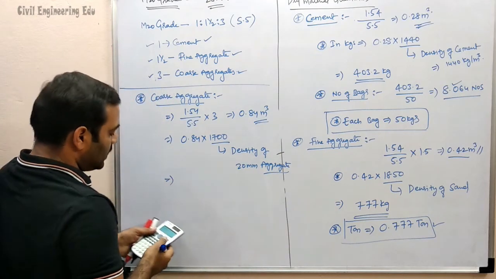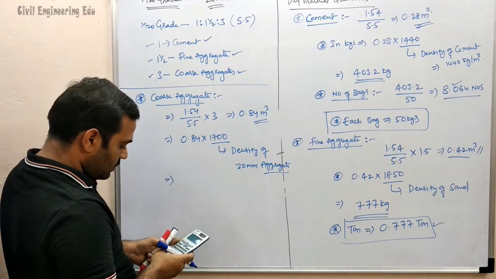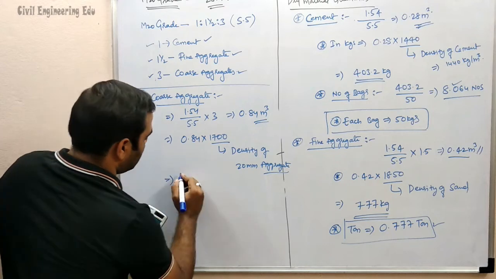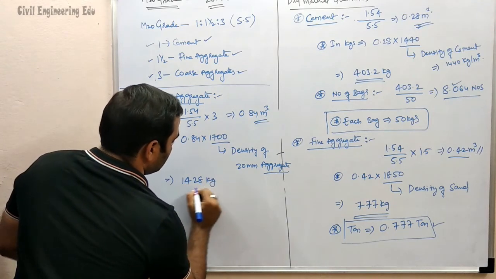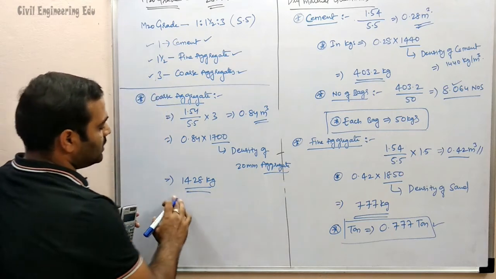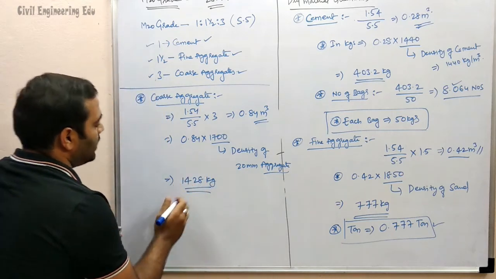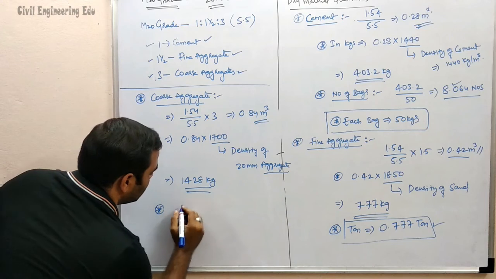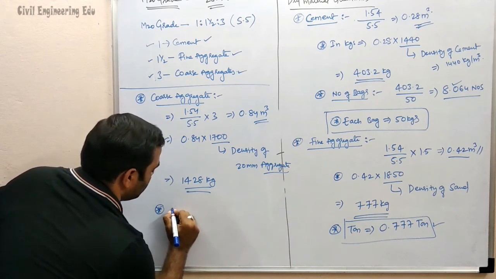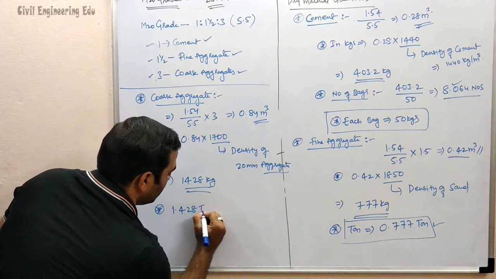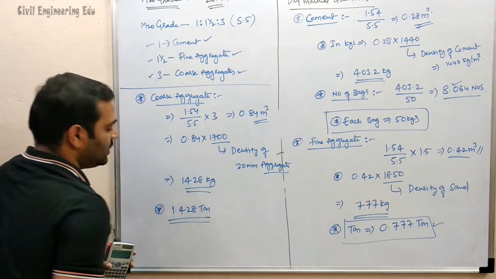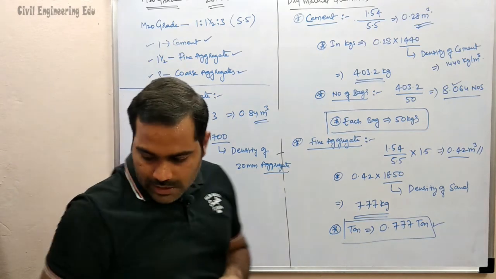So how much we will get? 0.84 into 1700. So 1428 kg. So this is the answer in kgs. Now we want to convert this into tons. So 1.428 ton. So this is the solution for coarse aggregate.